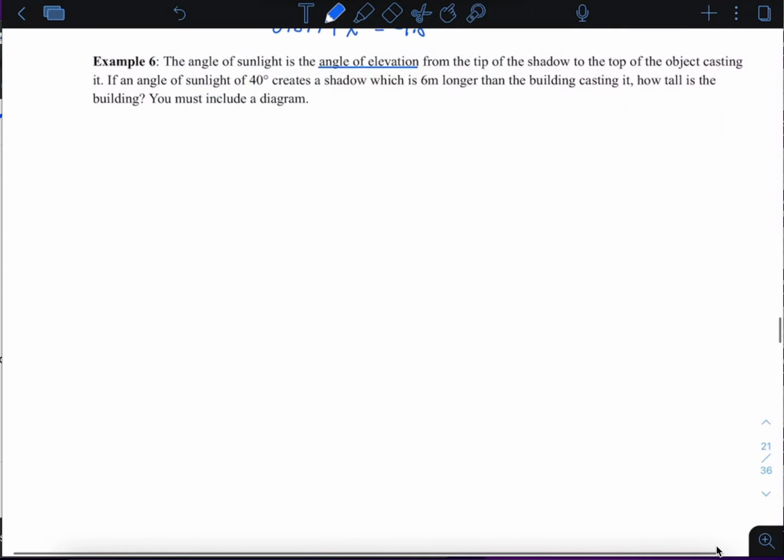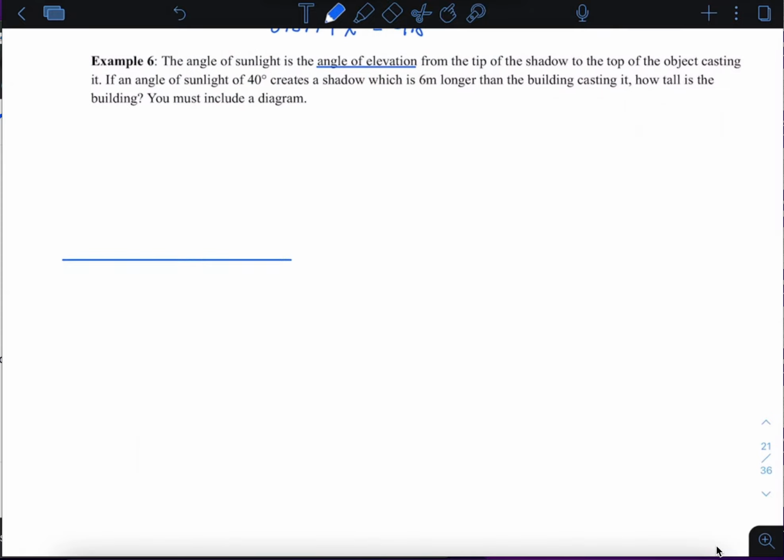So this is what it means. Let's say this is my ground and I have a building. Okay, so here's the sun.